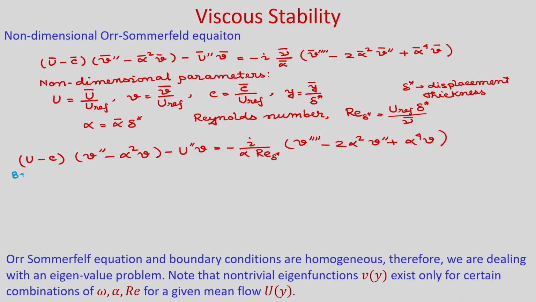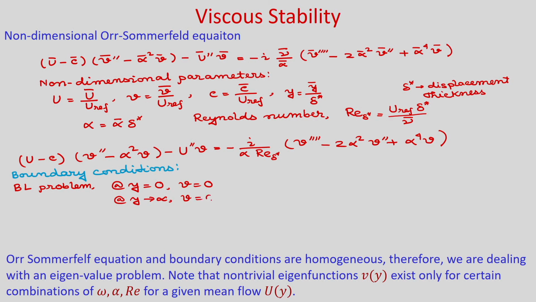So, if we consider the boundary layer problem, then the disturbances you can write at y is equal to 0, v is equal to 0, and at y tends to infinity these disturbances also will go to 0.